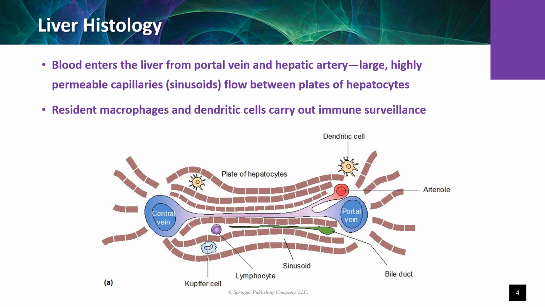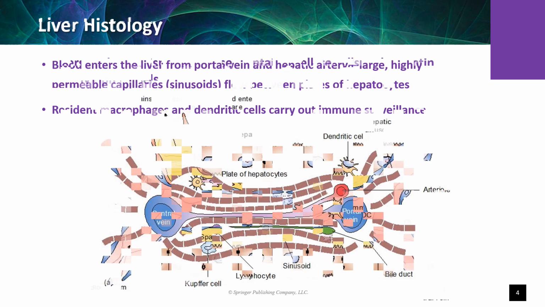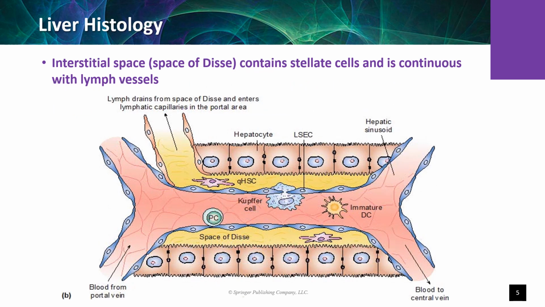The hepatocytes are the functional cells of the liver and are the most abundant cell type. These hepatocytes perform metabolic, storage, and synthetic processes. This image is the sinusoid structure.